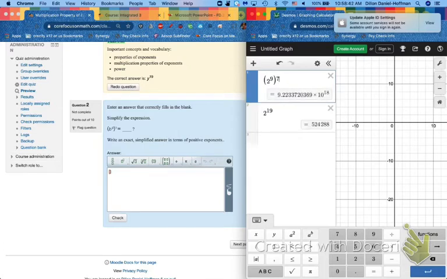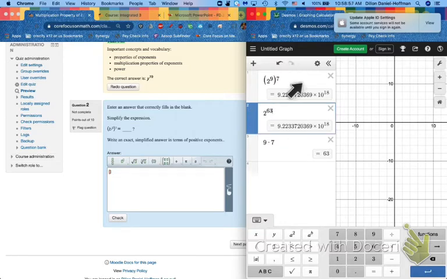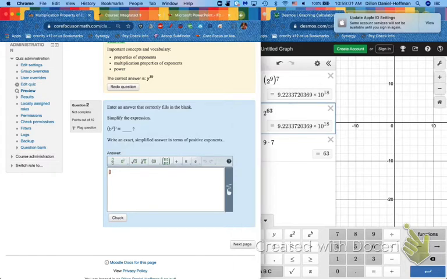Oh my gosh, that's a big number. So that's probably not the same thing as adding them. No. What if I multiplied them? That's 63. What's 2 to the 63rd? Oh my gosh, it's a humongous scientific notation number, but they match. Which means I can come over here, pat myself on the back again, and say this is b to the 9 times 7, which is 63.